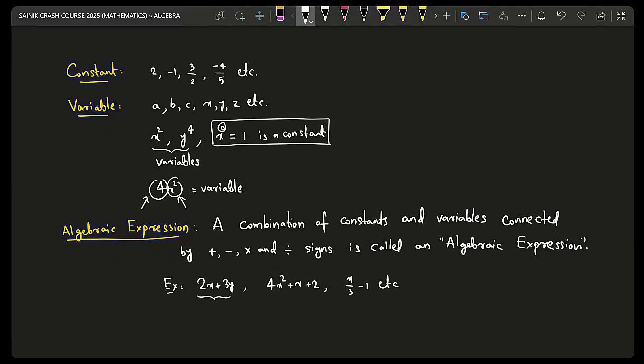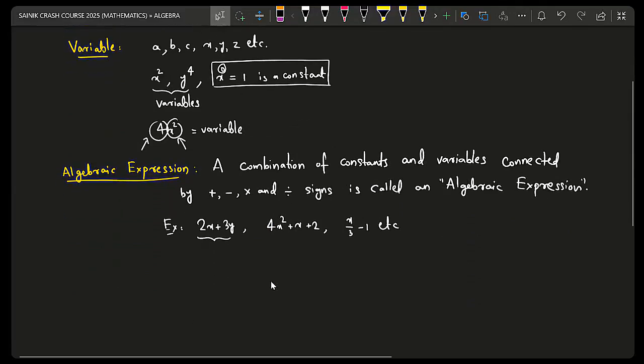Now we can discuss parts of an algebraic expression. So the first one is terms. What do you mean by terms of an algebraic expression?